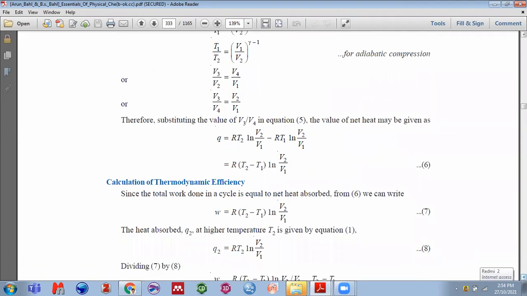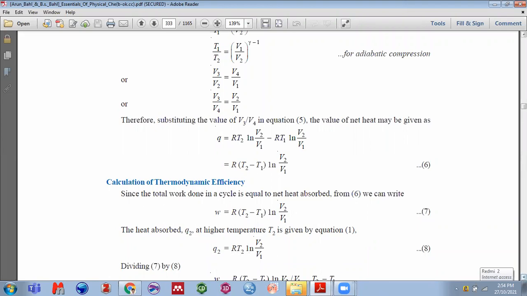So total work done in a cycle is equal to net heat absorbed. From the equation 6, we can write W equal to R T2 minus T1 ln V2 by V1. The heat absorbed Q2 at higher temperature T2 is given by equation 1, that is Q2 equal to RT2 ln V2 by V1.